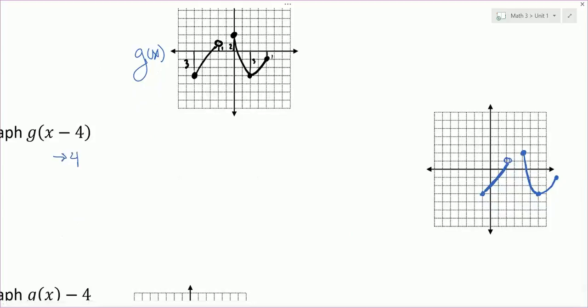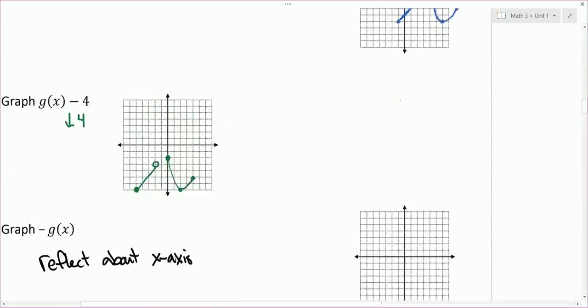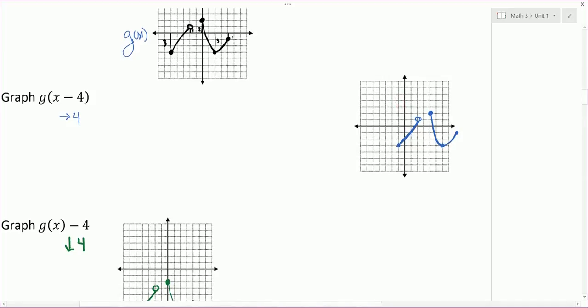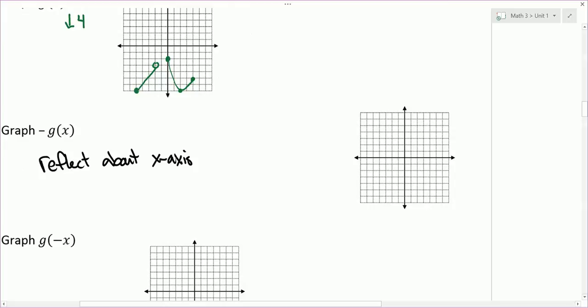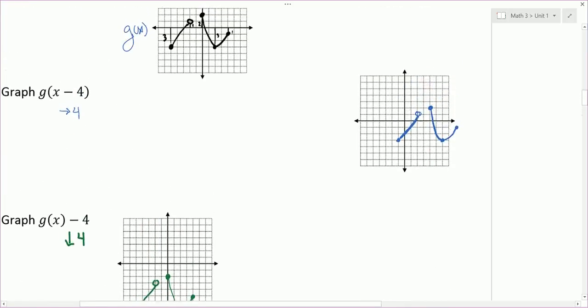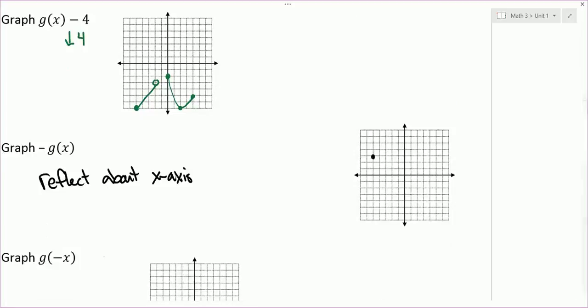And so when we sketch ours, when x is -5, we're going to go 3 units above, solid. When x is -2, we're going to go down 1 unit, open circle, connect them.